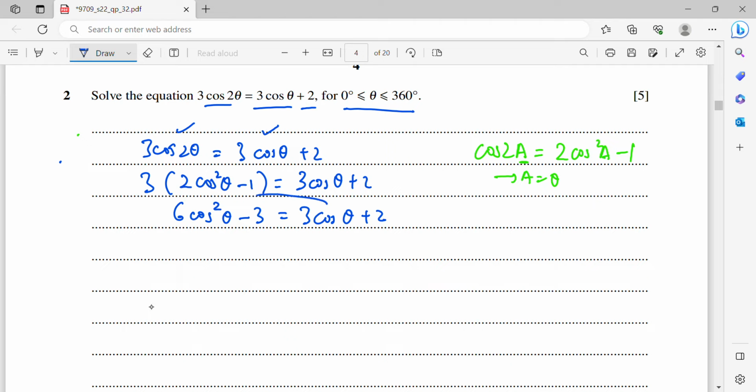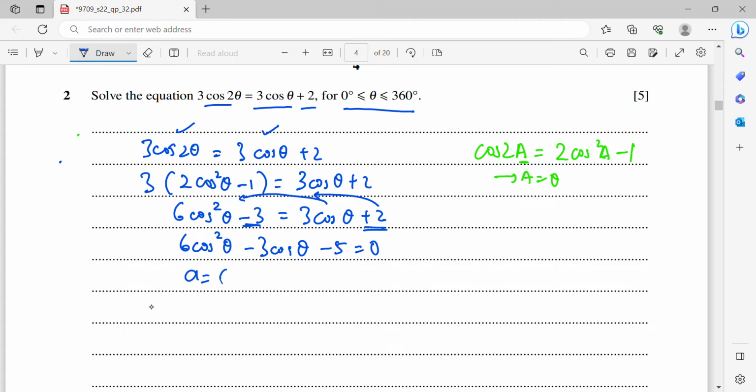Then this 3 cos theta will be moved to the left hand side together with the plus 2. So I will get 6 cos squared theta minus 3 cos theta minus 3, and by moving the plus 2 to the left hand side, then combine with the minus 3, it becomes minus 5, equals 0. So this is a quadratic equation, and we solve this using the quadratic formula because it cannot be factorized.